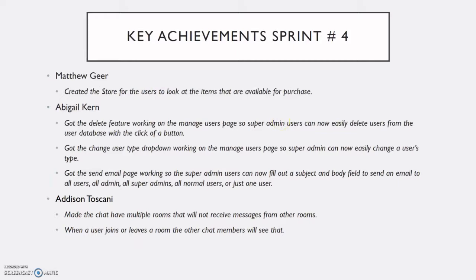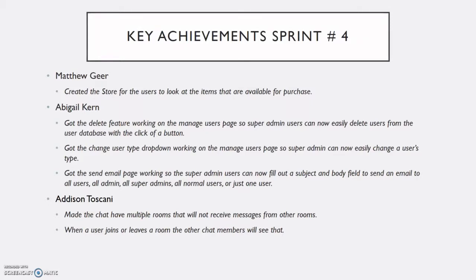Key achievements in Sprint 4. Matthew created a store for users to look at all the items available for purchase. Abigail got the delete feature working on the manage user page so the super admin user can now easily delete users from the user database with a click of a button.